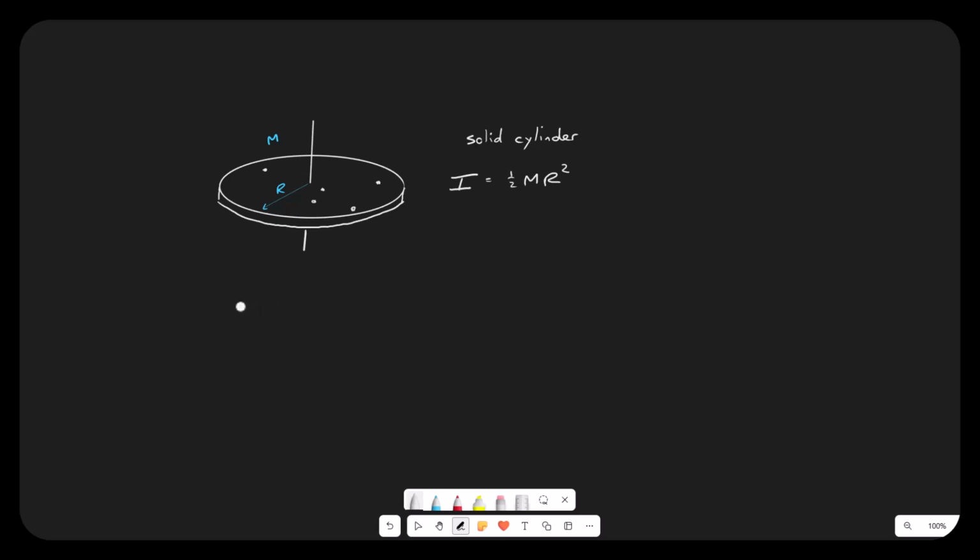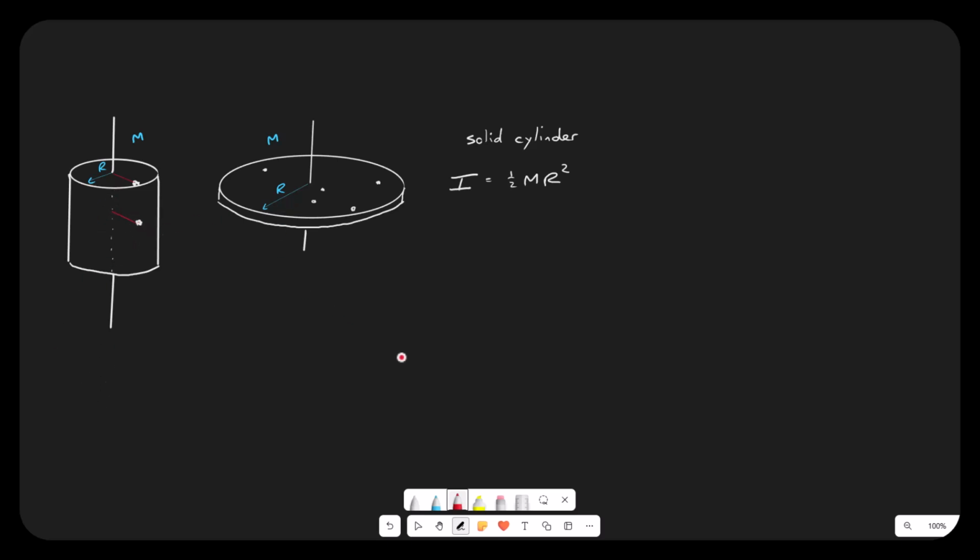So if I have that cylinder, or if I have a cylinder that's taller, I know I didn't draw these to scale, but let's pretend for a moment that those are the same. I can make this with a little point mass here on the edge. Here's a little point mass directly underneath it, where this is the full distance from the axis, this is the full distance from the axis.